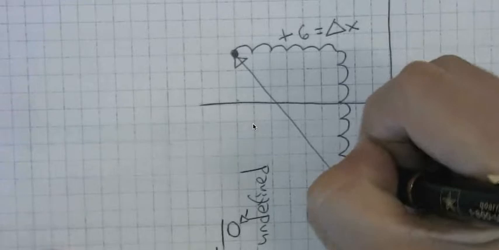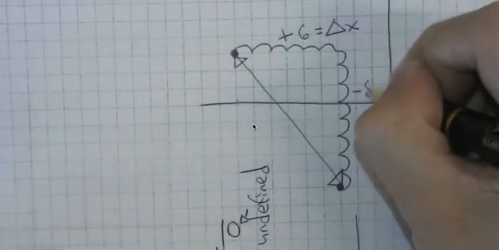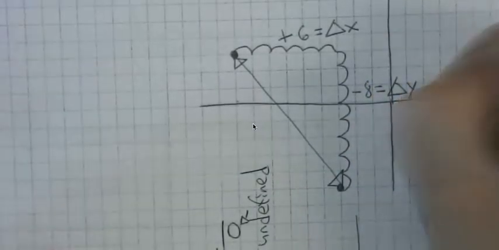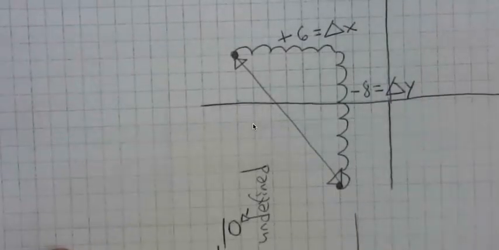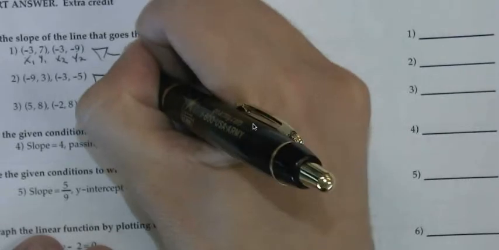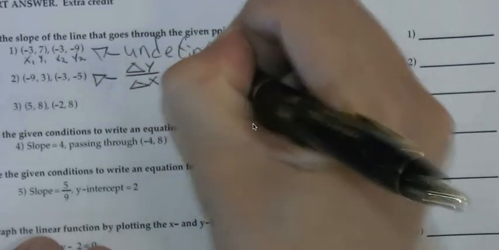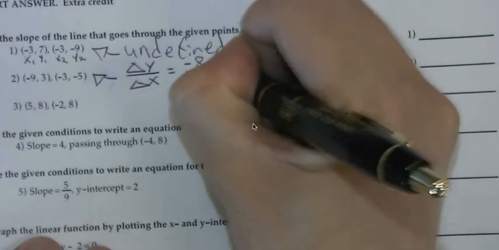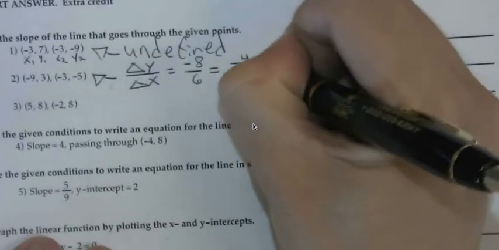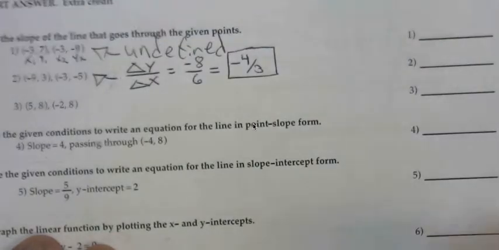Down 8 is our change in y. So when simplified, we could say that this is change in y over change in x. So -8 over 6, or -4/3. Make sense, Hannah? Yep.